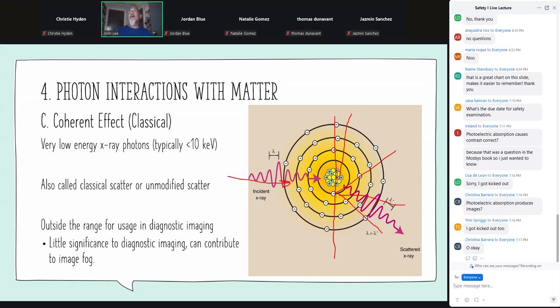Even if it goes like this, nearly parallel, that is still considered a forward direction. So in any of these directions, Thomson, coherent, and classical goes in. Backscatter, as we may sometimes image, is produced by Compton scatter. It is not produced by coherent.